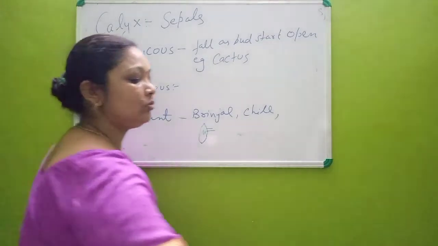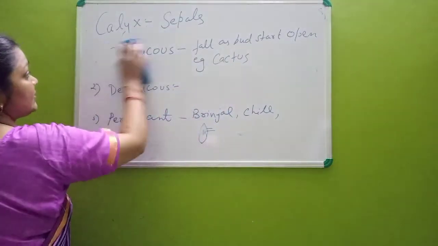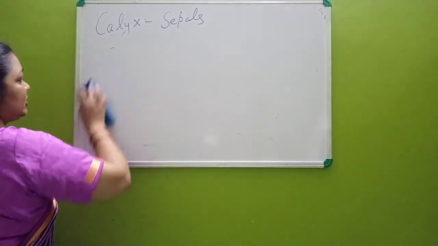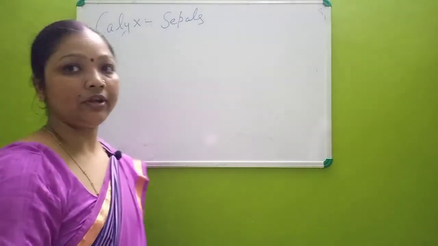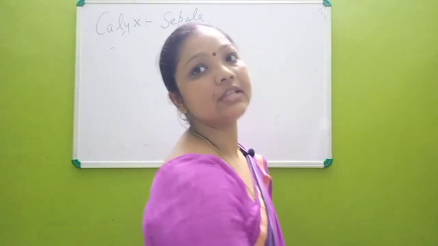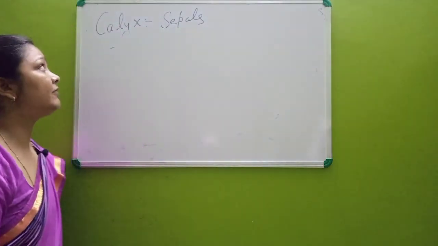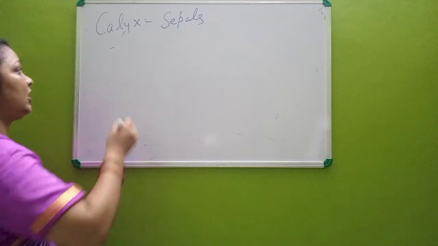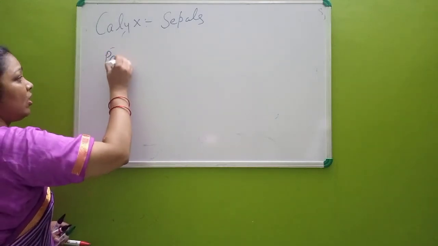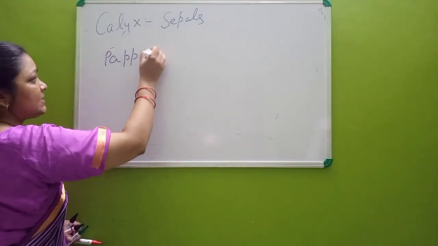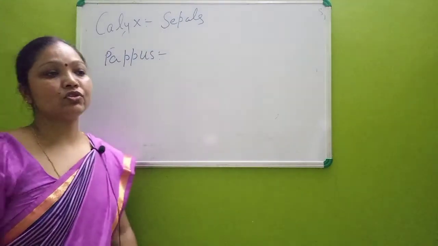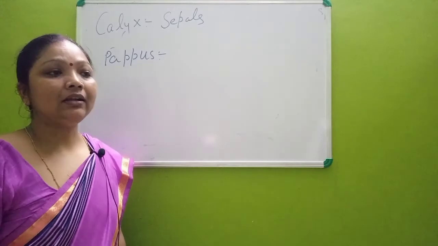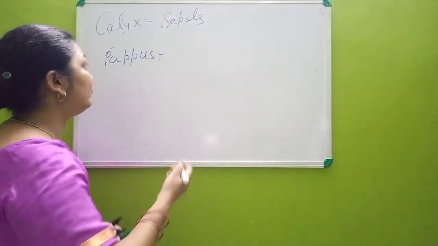Now we'll talk about the modification of calyx. The main function of calyx, we know, is to protect the flower in the bud stage, but some special functions are performed by them, and that is called modification. The first modification is called pappus. It is a tuft of hair present at the top of the ovary.